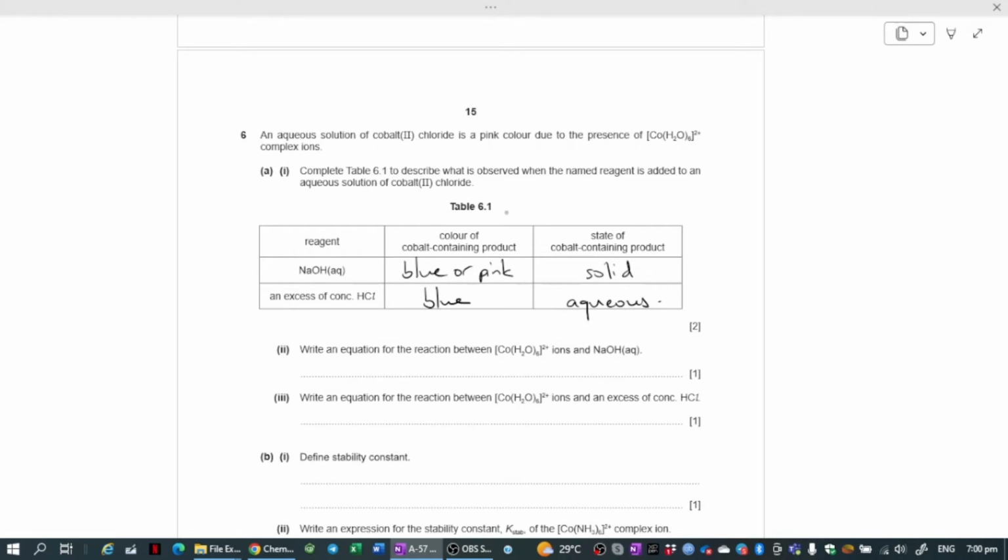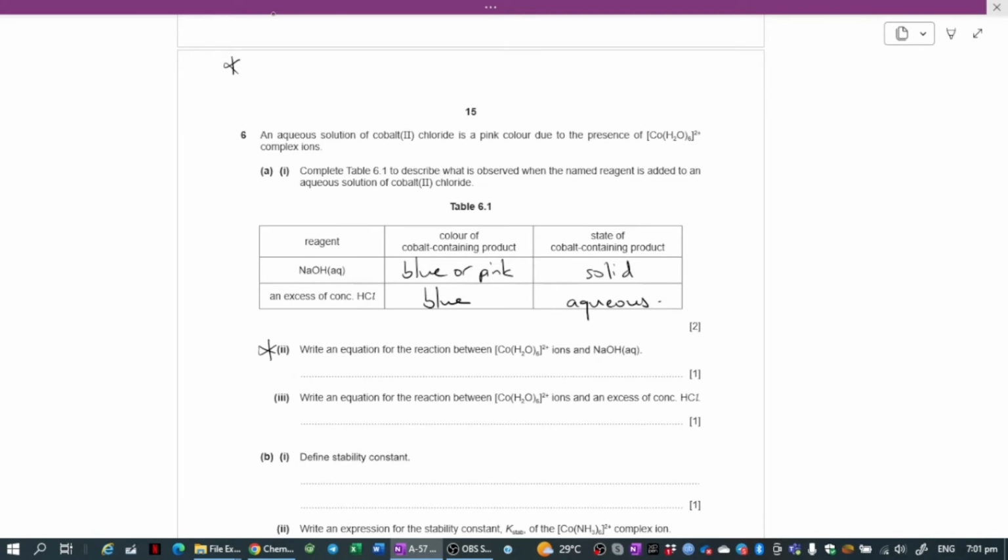And they ask us here to write an equation for the reaction between the cobalt complex, the hexa-aqua cobalt(II) complex, and sodium hydroxide. There are two things that could happen here, to be really exact.